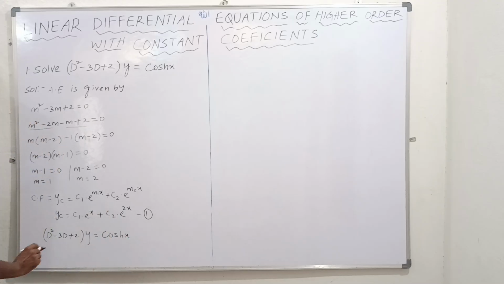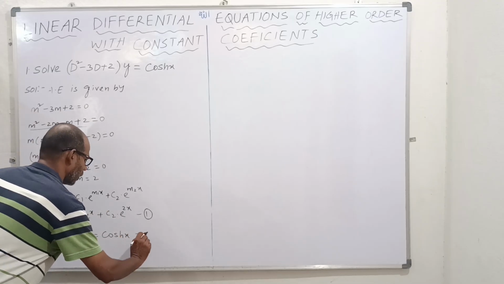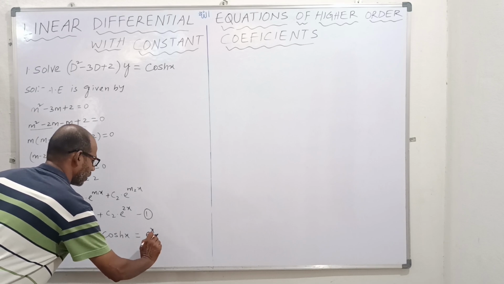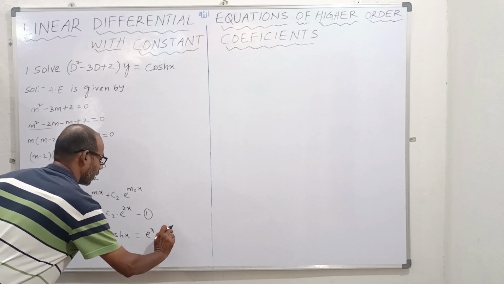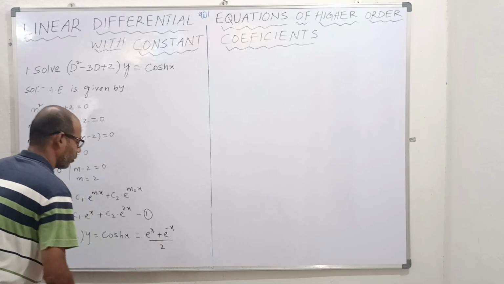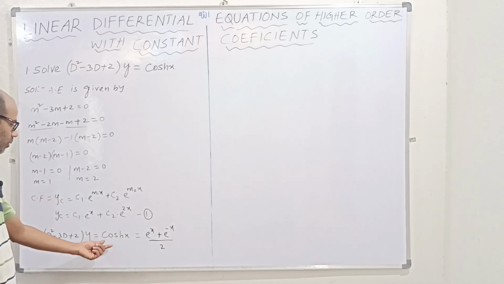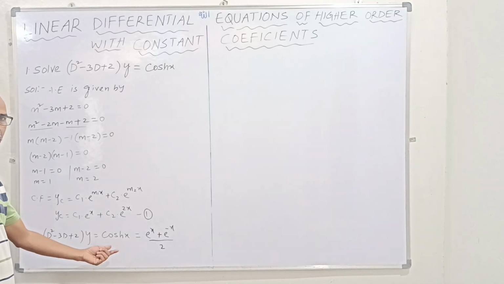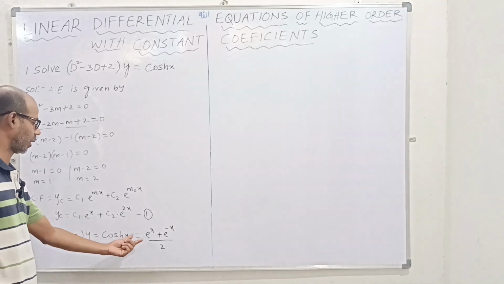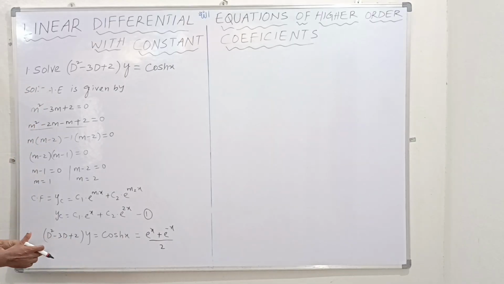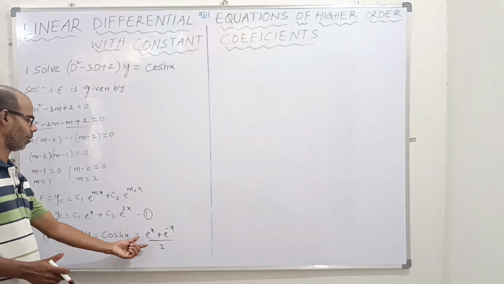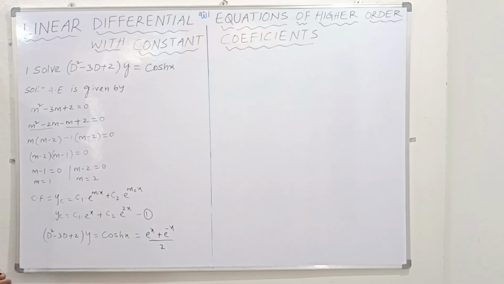So now this can be written as (e power x plus e power minus x) upon 2. So instead of cosine hx, we will take this one. Okay. So cosine hx we have already learned in our lower classes. So cosine hx can be written as (e power x plus e power minus x) by 2. So instead of this one, we will be using this one to find the particular integral.